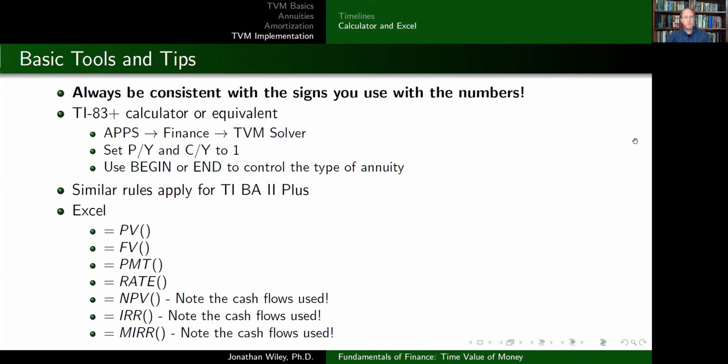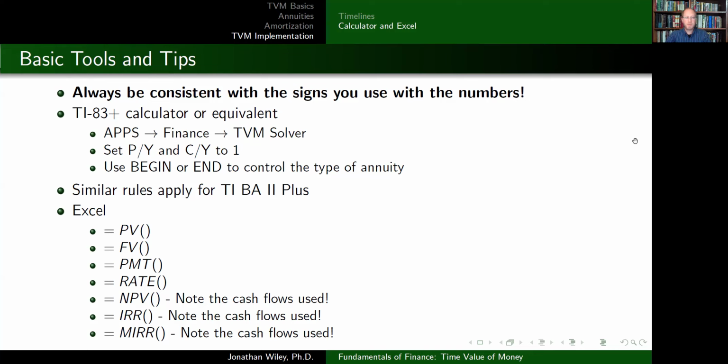Let's say you invested a certain amount of money in time 0, and then you received money in years 1 through 4, but different amounts in each year. You could use the IRR function to find the annualized rate of return on this investment. And when you are doing that calculation in Excel, equals IRR, you highlight all the cash flows starting at time 0 and on. So that's a little bit different from the NPV function.